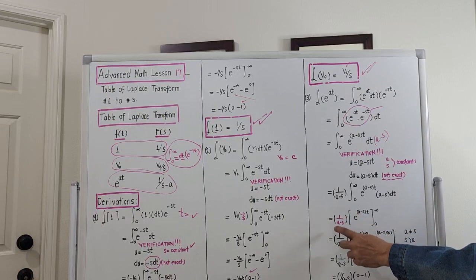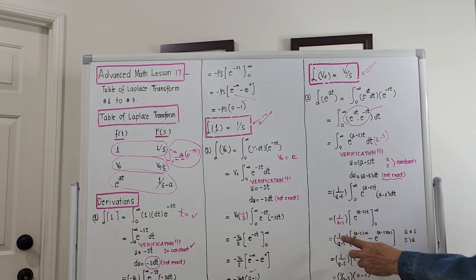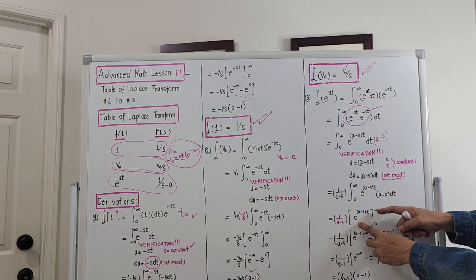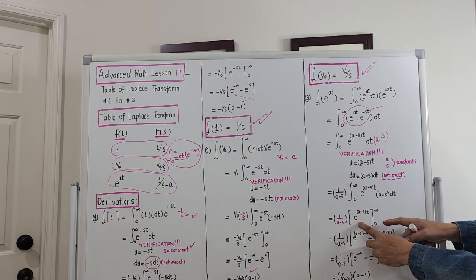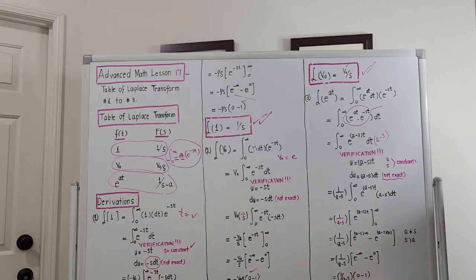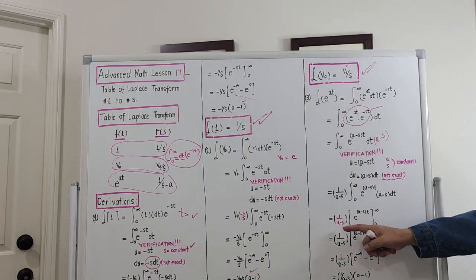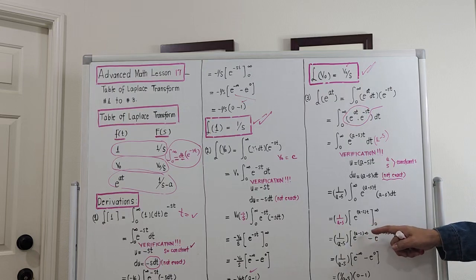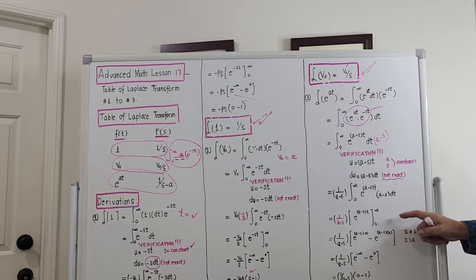This is 1 over a minus s times, open bracket, e raised to the quantity a minus s times time with the limit from 0 to infinity. So this is 1 over a minus s, e raised to a minus s times infinity, minus e raised to a minus s times 0.